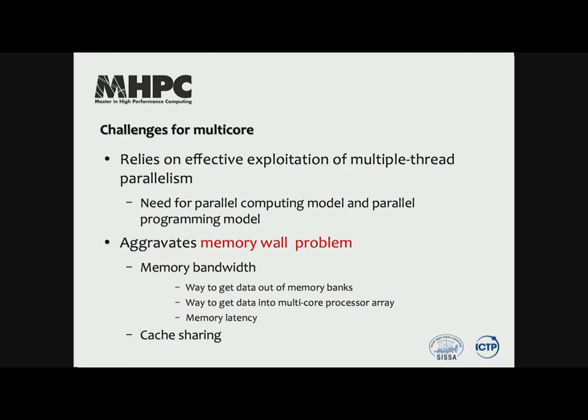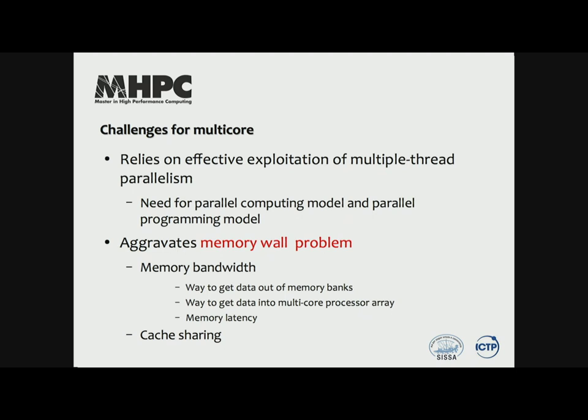We need to be sure that when we do parallel programming, things that need data from one memory are close to that particular memory, because we are aggravating the memory wall problem, as we now do not have uniform access to the memory.